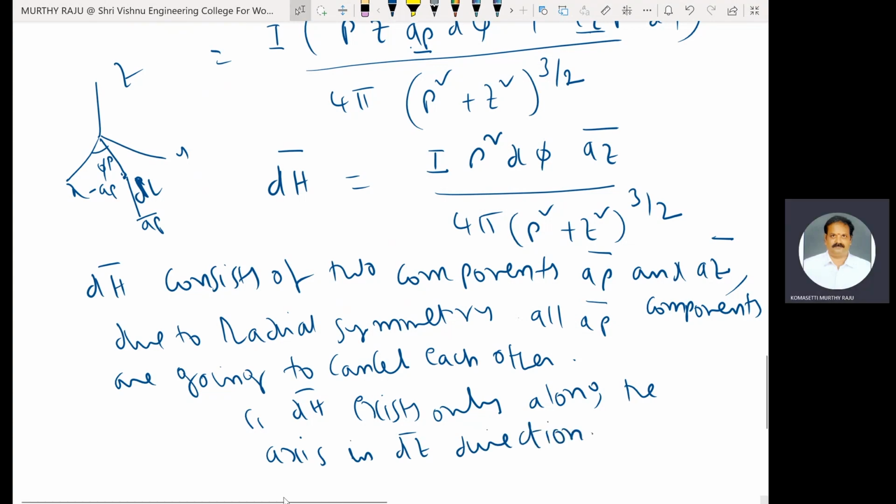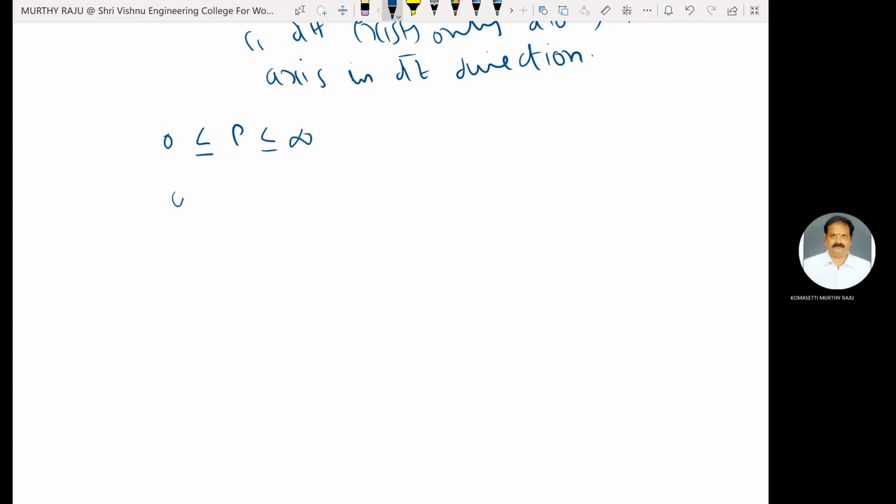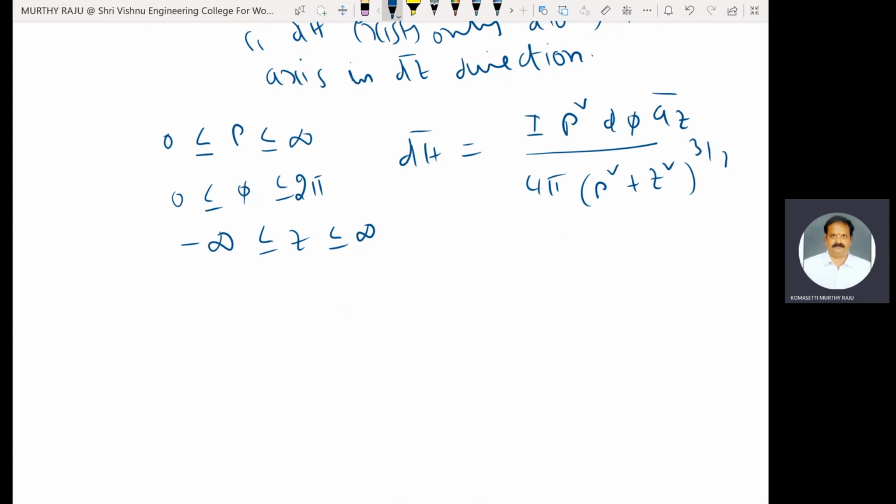Very important. Next point is d phi. In the cylindrical coordinate system, the limits are: phi from 0 to 2 pi, and z from minus infinity to infinity. But we know that dH bar is equal to I rho square d phi a z bar by 4 pi into rho square plus z square whole power 3 by 2.